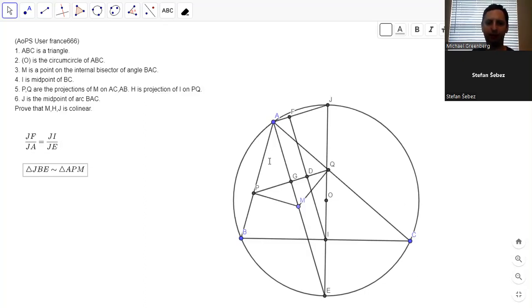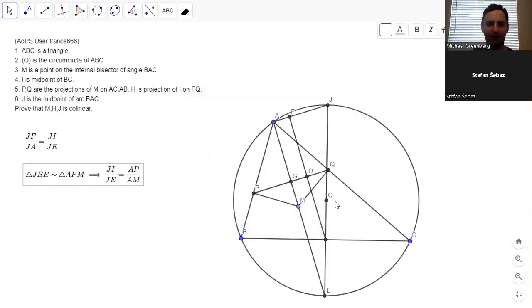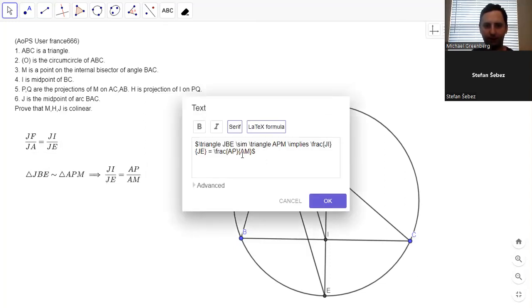So this is too easy with what I already knew from the previous one. I think this is exactly the same as before. And so, sorry, AG over AM.